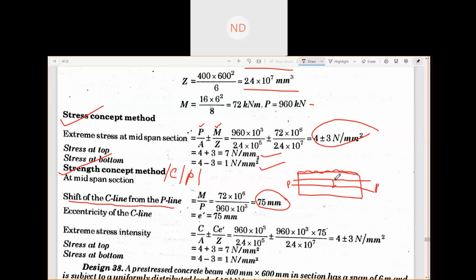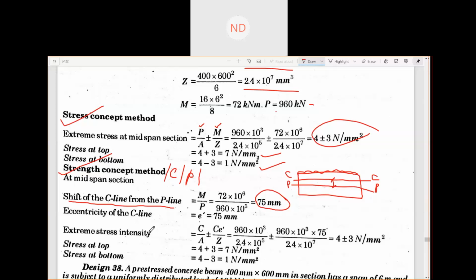This one, 75 mm, and this is your C line. Now your eccentricity of the C line from this bottom one, which was also your CG of the beam. So the CG of the beam and the pressure line, the P line, are coinciding here, but the C line, that is the compression line, has shifted from the P line.